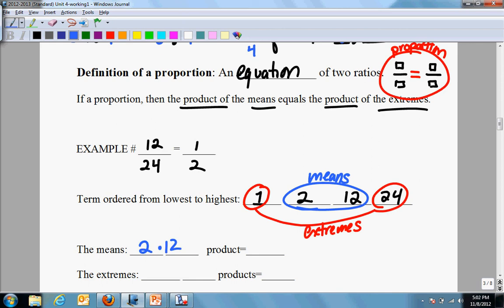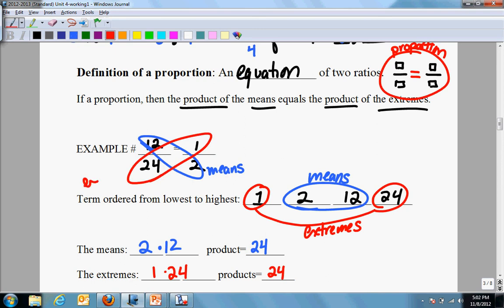And if you multiply 2 and 12, you're going to get 24. And if you multiply the extremes, we get 1 and 24. You multiply that, you get 24. So what we see here is when you multiply the means, it equals the same product as the extremes. You know this process as cross multiplying.